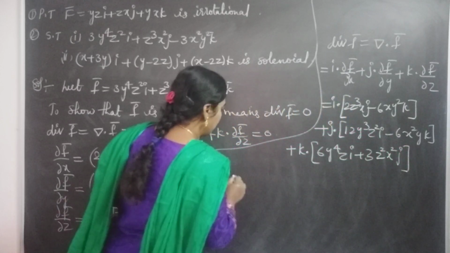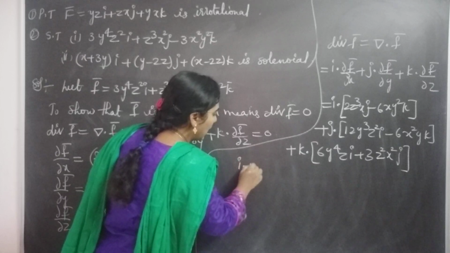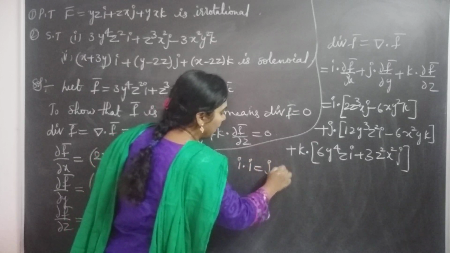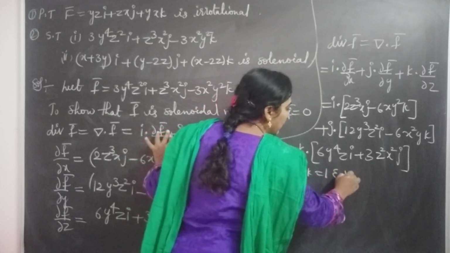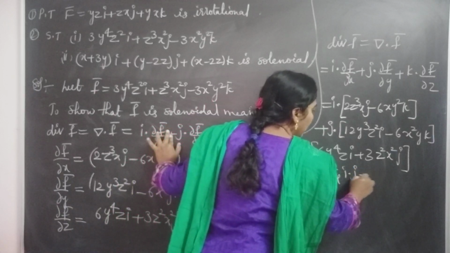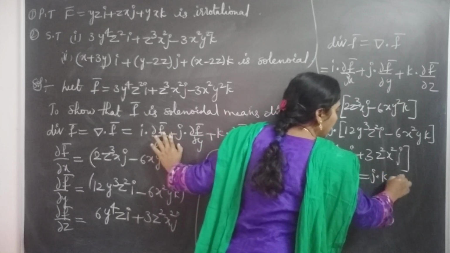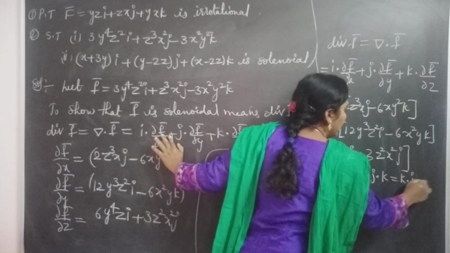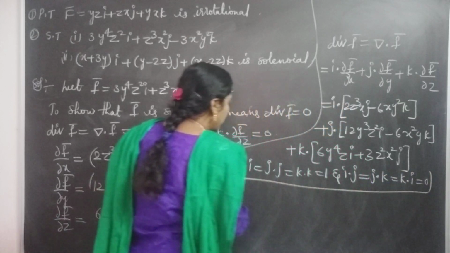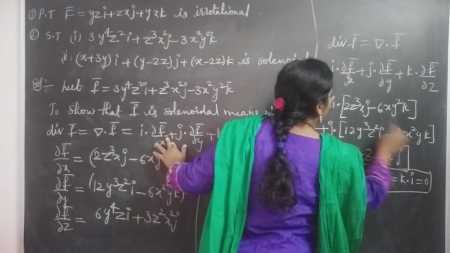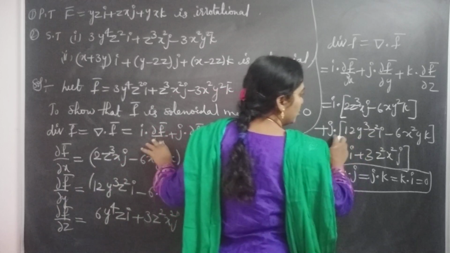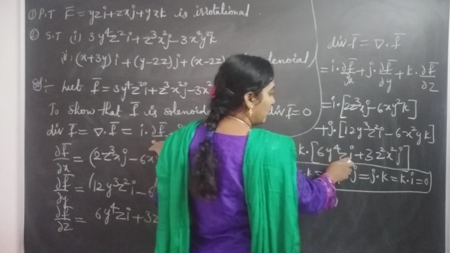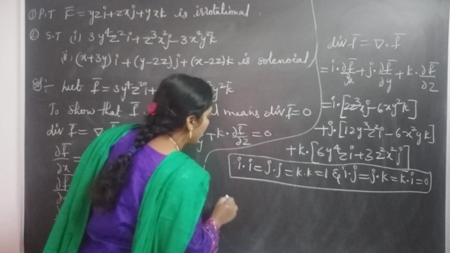We know that i·i = j·j = k·k = 1 and i·j = j·k = k·i = 0. By using this relation, i·j is 0, i·k is 0, j·i is 0, j·k is 0, k·i is 0, k·j is 0.